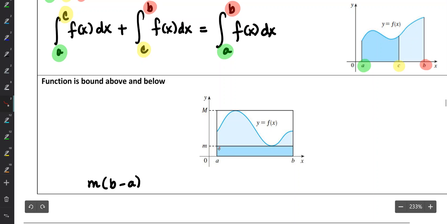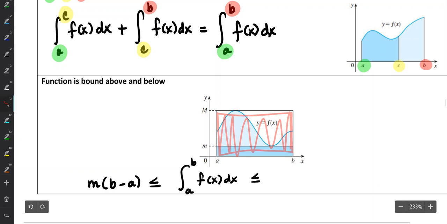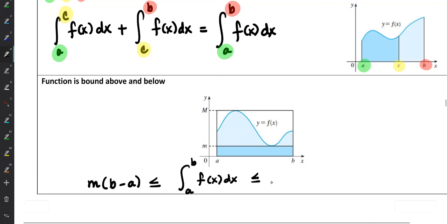That area is less than this area. Would we agree? That area is the integral as x goes from a to b of f of x dx, which is less than or equal to the area of this big rectangle. Yeah, and the area of that big rectangle is its base times its height. Its height is big M, and the base is your b minus a.